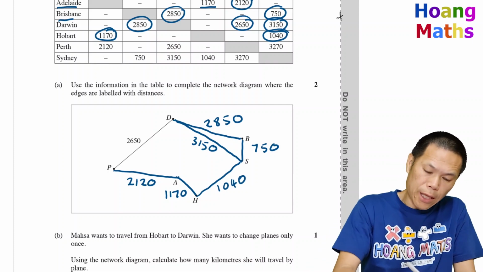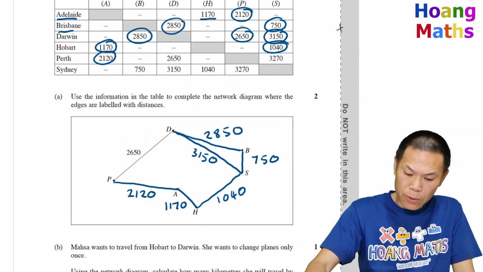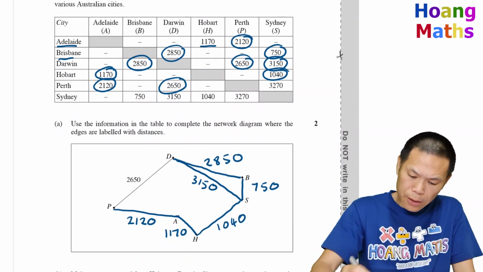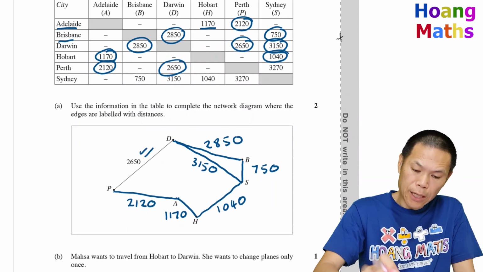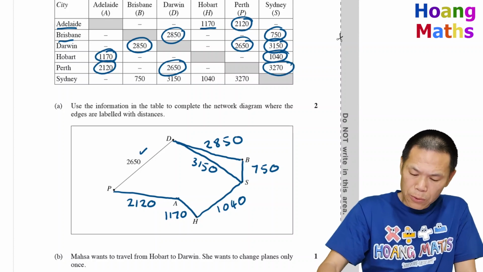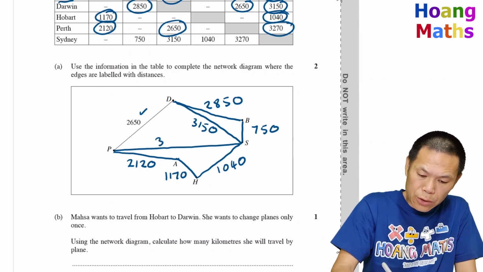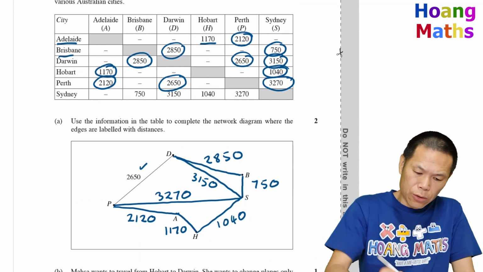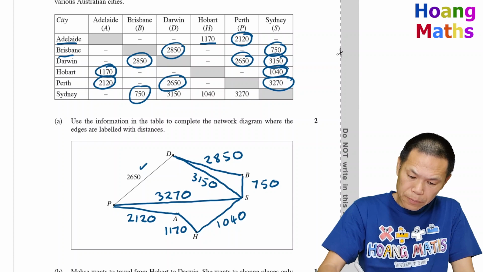That is 1040. And then Perth to Adelaide, P to A, already done. And P to D is already done, that is in here. And then we have P to S. So P to S is here, that is 3270. Now from S to B, already done.